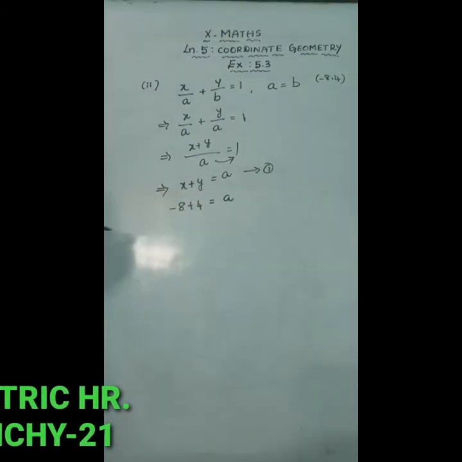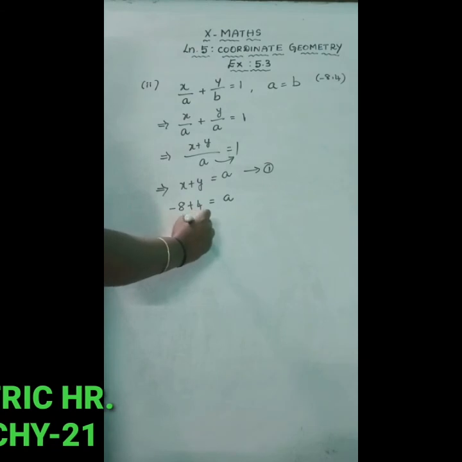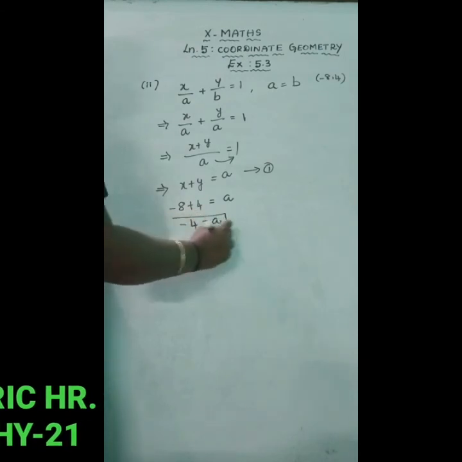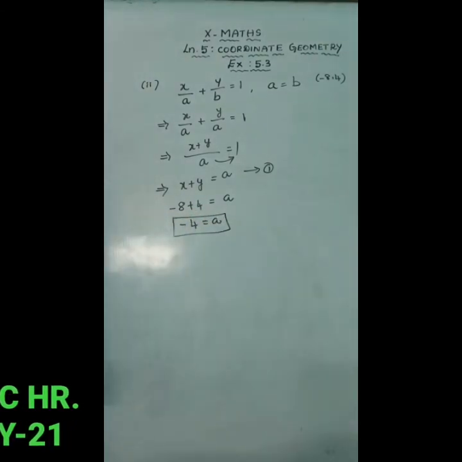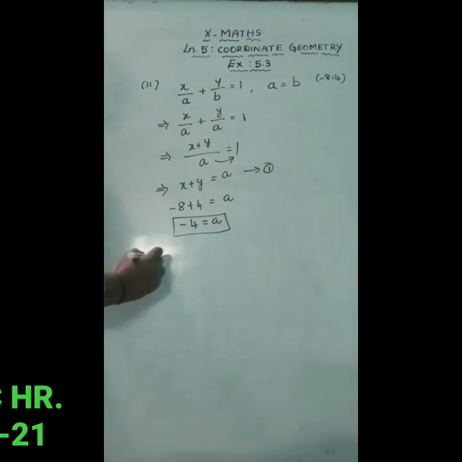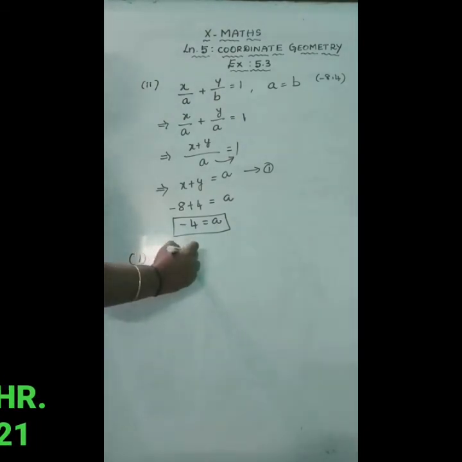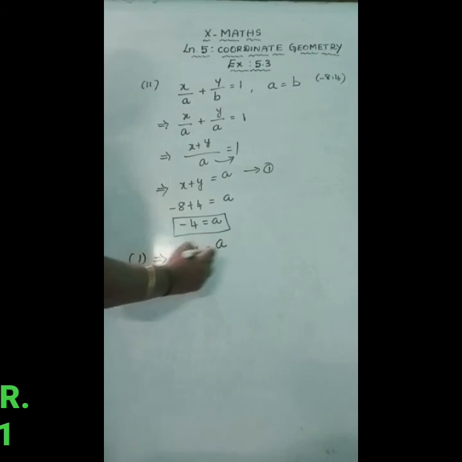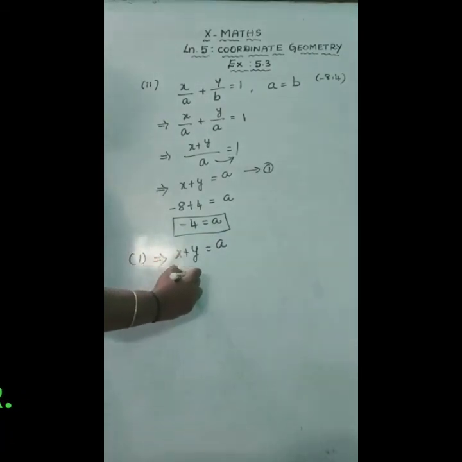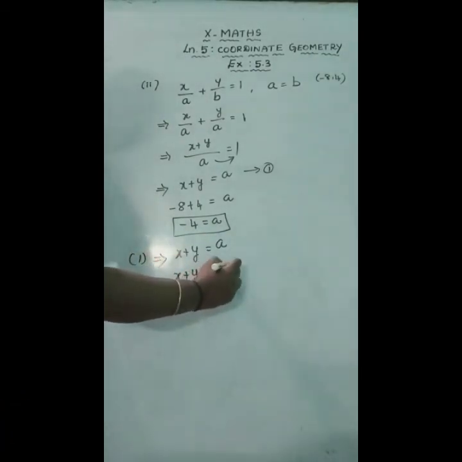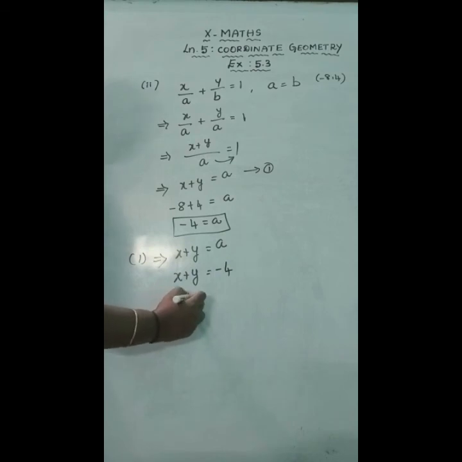Then minus 8 plus 4 is minus 4, so a is equal to minus 4. So in the first equation, x plus y equal to a, substitute the value of a: x plus y is equal to minus 4, then x plus y plus 4 equal to 0. So this is the required equation.